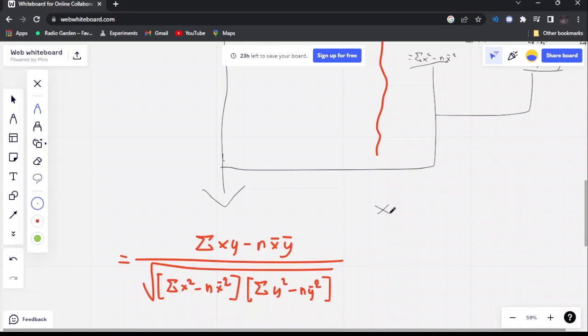In rewriting these, we need the formula for getting these two. We already know the formula, which is the summation of x over n and the summation of y over n. Then we would substitute these two equations for the x bar and the y bar. So it would now look like this.